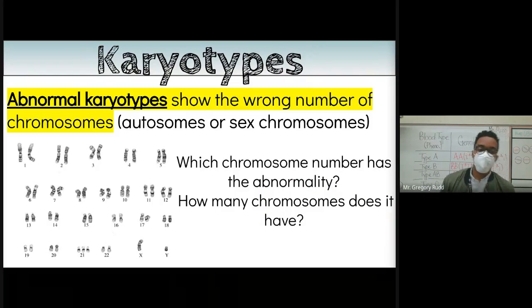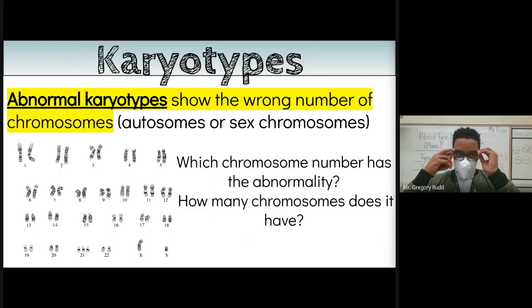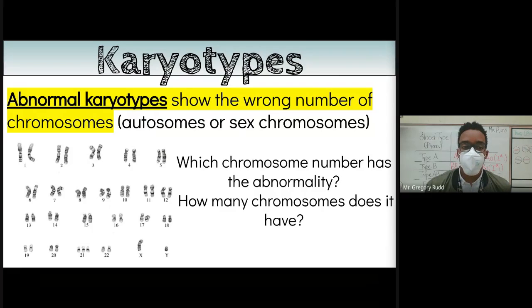Okay, now we developed these karyotypes for a reason. It wasn't just that we wanted to look at people's chromosomes because we thought it was cool. We developed these karyotypes to be able to diagnose and potentially treat or avoid certain diseases. So we can look at these karyotypes and determine if they are abnormal by seeing if there's the wrong number of chromosomes.